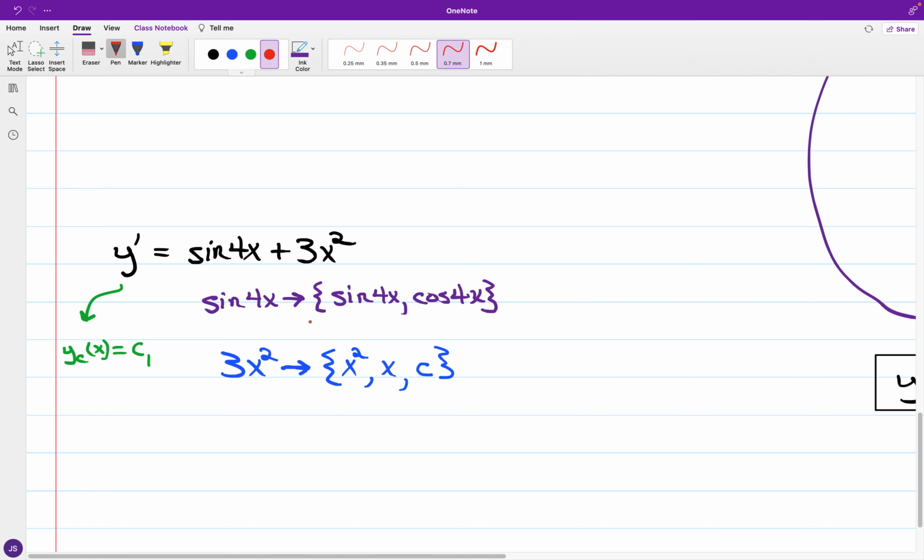And if you notice from this, with sine of 4x, you have sine of 4x and cosine of 4x, there's no constant. But with 3x squared, we have x squared, x, and guess what? We've got a constant this time around.